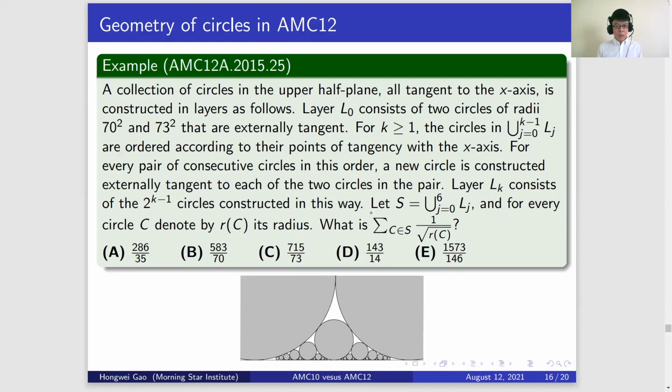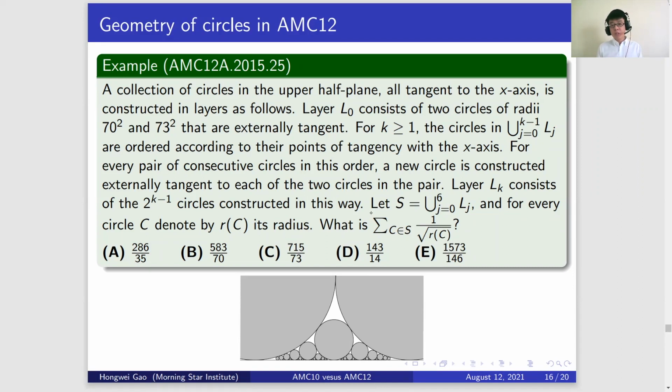At the beginning, there are only two tangent circles with a common tangent line. Then a new circle is created to be tangent to all of them. After that, in the next steps, each new circle is created to be tangent to two consecutive circles from the previous layer and this common line. If such a process keeps going, infinitely many circles are created.